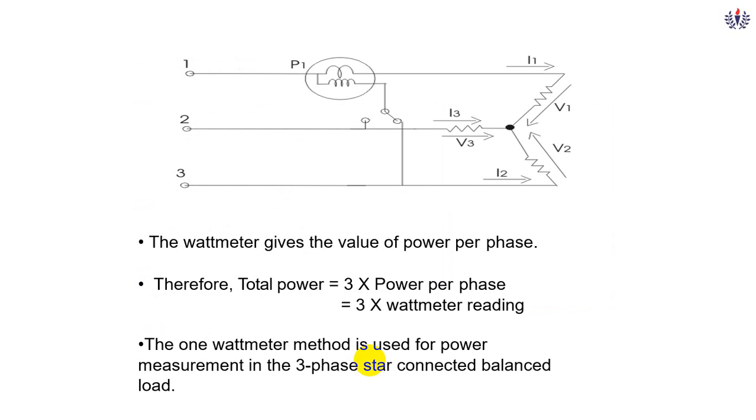That is, the W1 watt meter reading into 3 gives the value for all the phases. I think this may not be an apt method, but somewhere it will be used, like measuring a balanced load of resistances. For a resistive load we can use this, but there should be uniform distribution of the power. That is a balanced load.